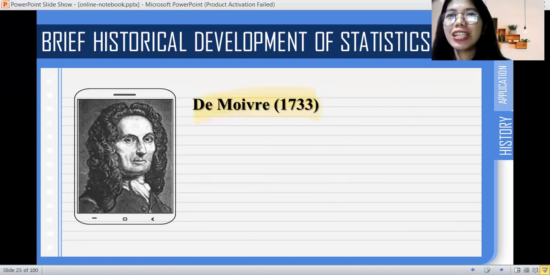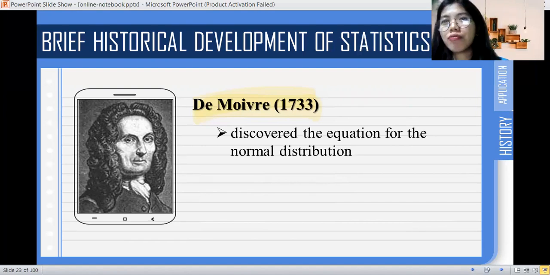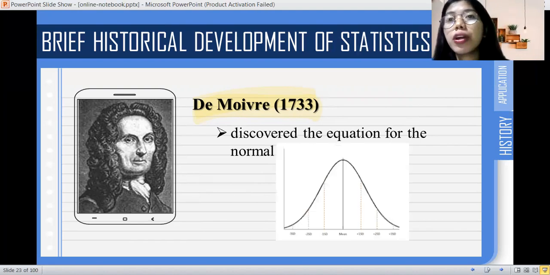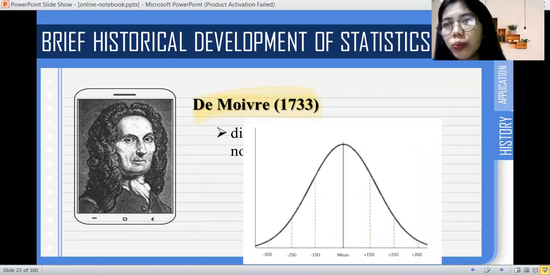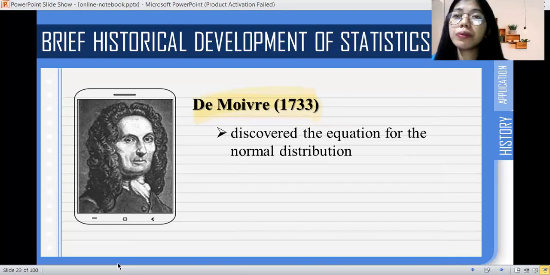So, siya po ang nakadiscover sa equation of the normal distribution. Ano nga ba itong normal distribution na to? So, magagamit natin to in sa higher statistics na natin siya madidiscuss. Pero ang itsura niyan is ganito po yan. Naka-bell-shaped curve po siya. Okay?